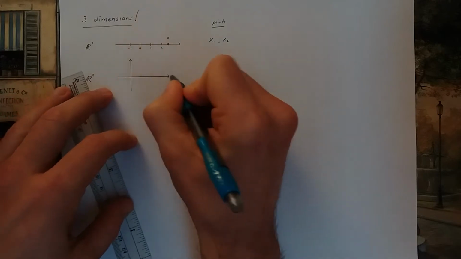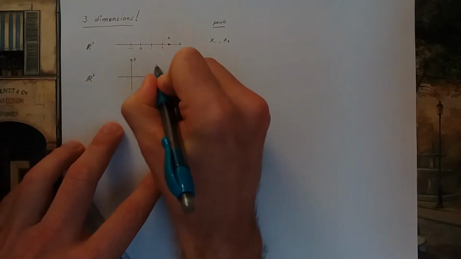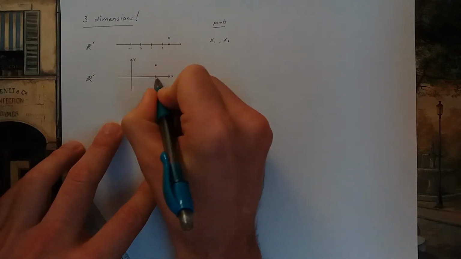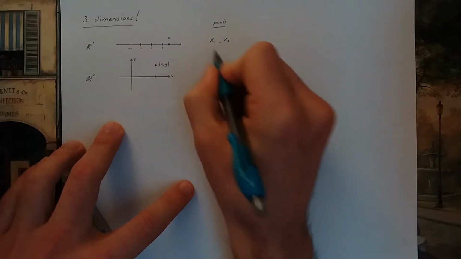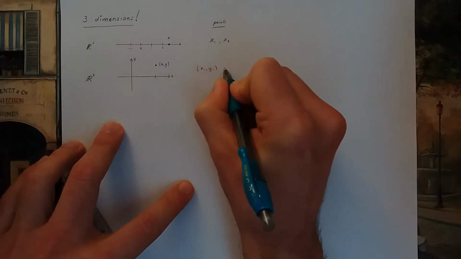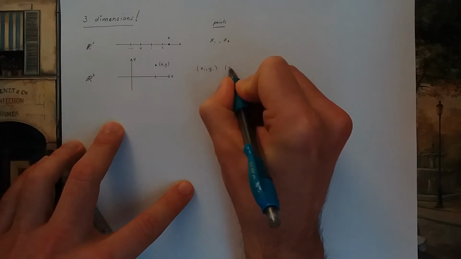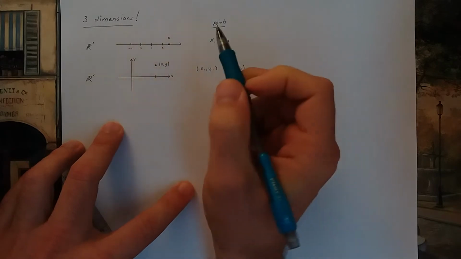We get an x-axis, a y-axis. Points in R2 have an x-coordinate and a y-coordinate, so there's x comma y. 2 different points could be x1, y1, or x2, y2. So those are points in R2.